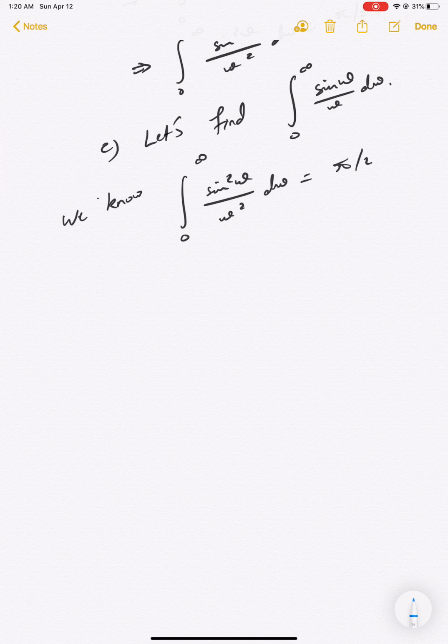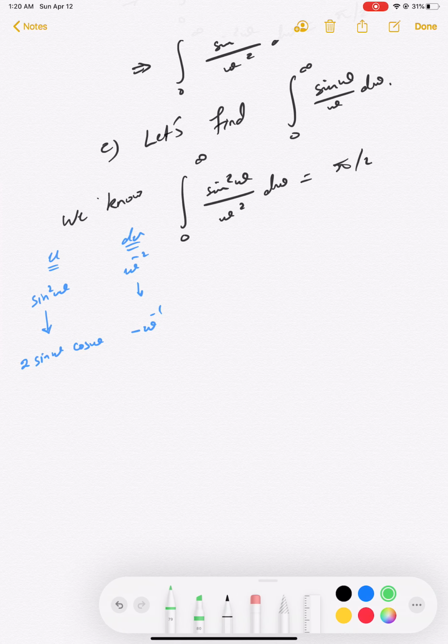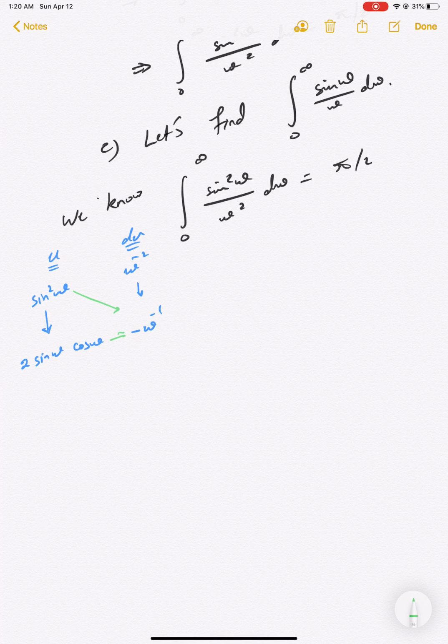So the idea, let's try to compute it. We need to do it by parts. So the u is sine square omega. The dv is omega to the negative 2. If you differentiate this, this is 2 sine omega cosine omega. And this is negative omega to the negative 1, right?